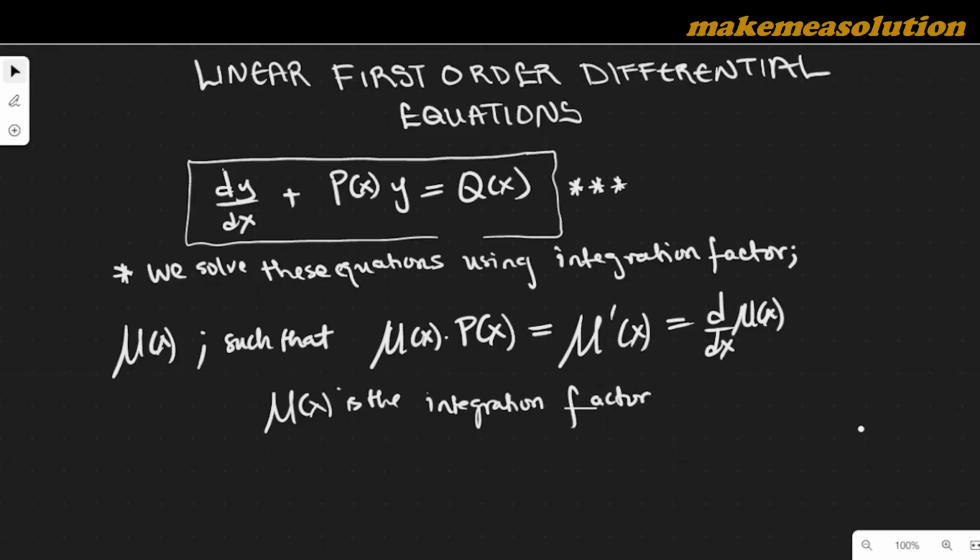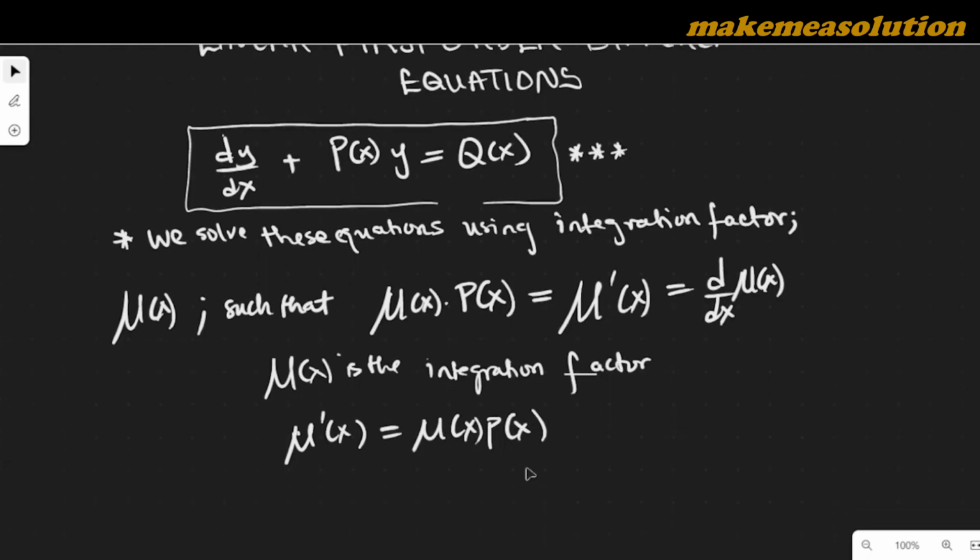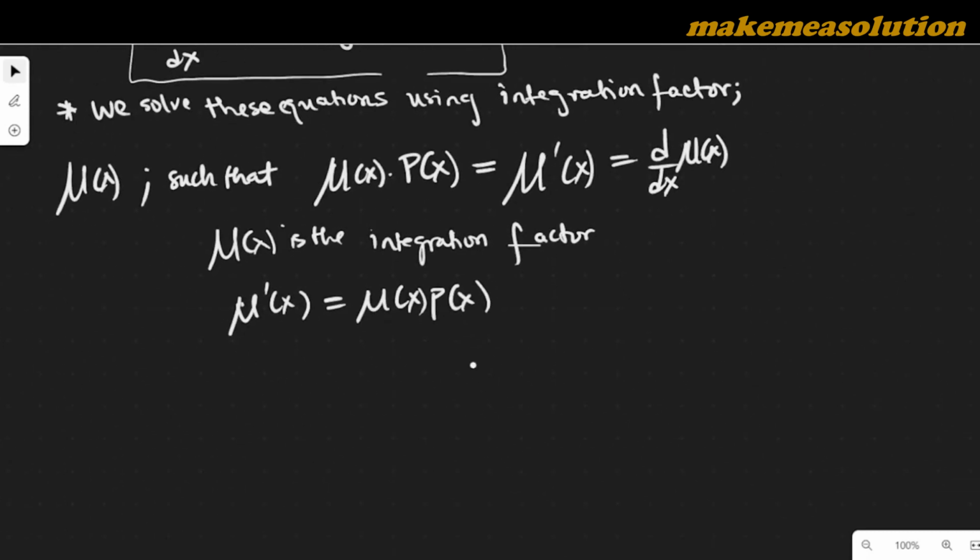Now, since we have assumed that mu prime of x is actually mu of x times p of x, see what happens. You discover that mu prime of x, which is d mu by dx for short, is equal to mu times p, both functions of x. Now we can separate the variables here. So 1 over mu d mu is equal to p dx.